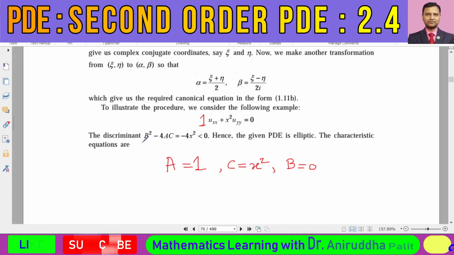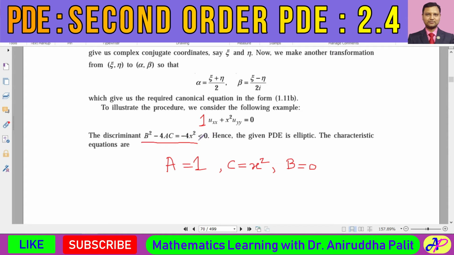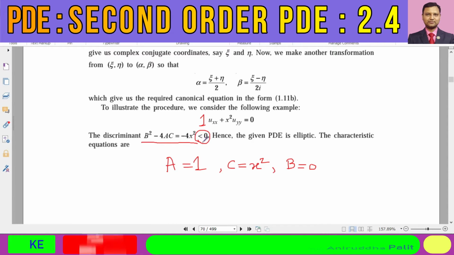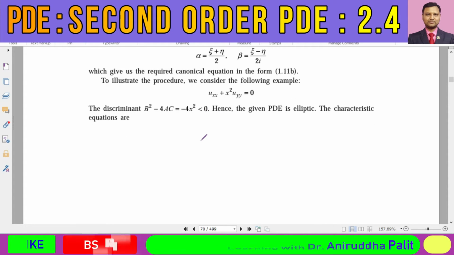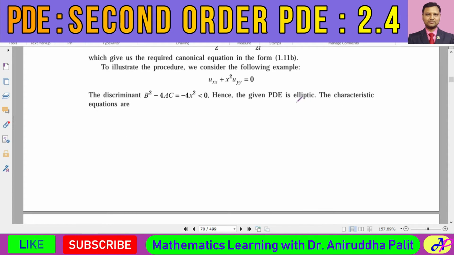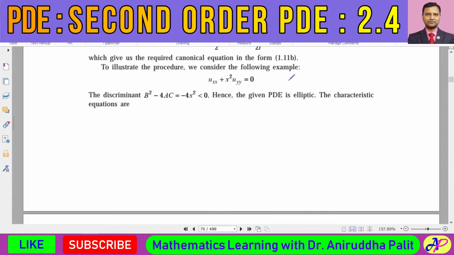So now you can compute that b square minus 4ac is equal to minus 4x square, and minus 4x square is purely a negative quantity. So we can say that this quantity is less than 0, and in that case we can conclude that the given differential equation is an elliptic partial differential equation. Now we need to convert this given differential equation into its canonical form.